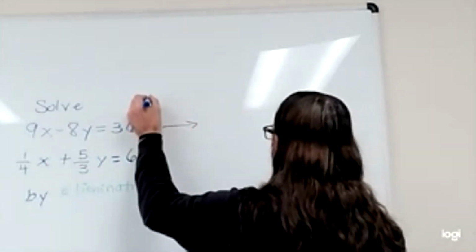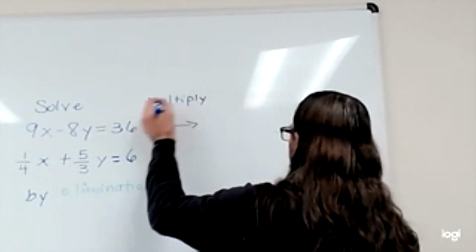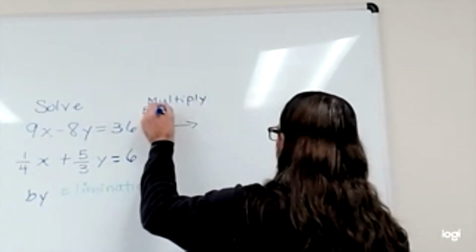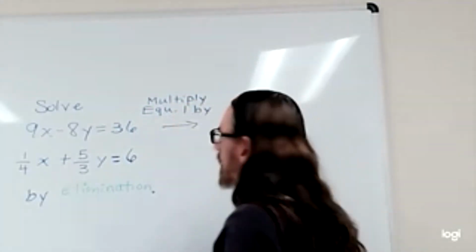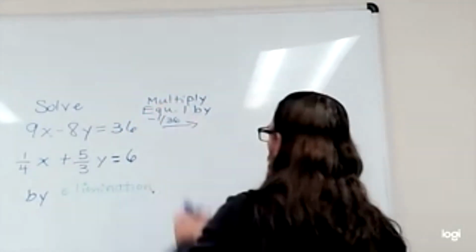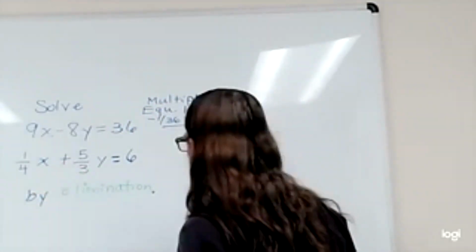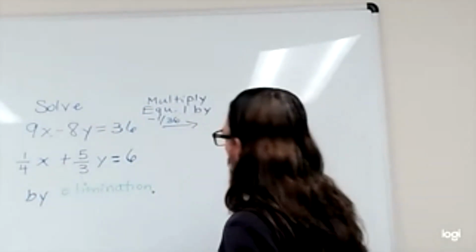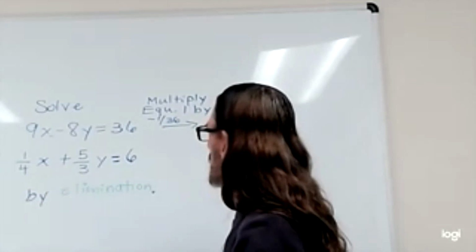Multiply equation 1, I'm going to abbreviate equation 1, by negative 136. And add that to equation 2. Now, 9 times negative 136, that's going to reduce to negative 1/4.